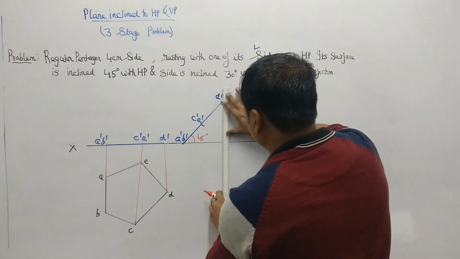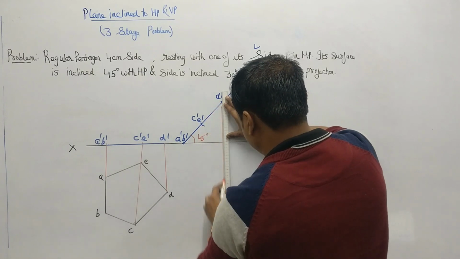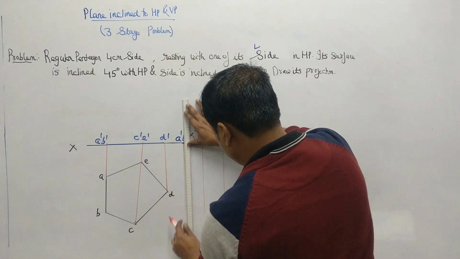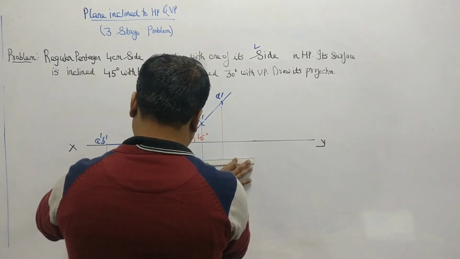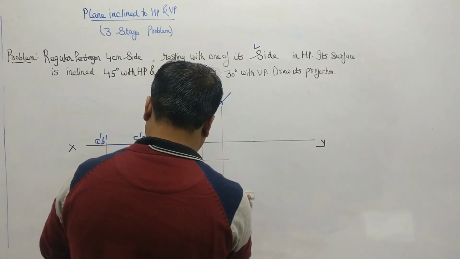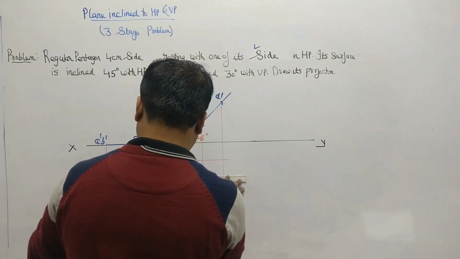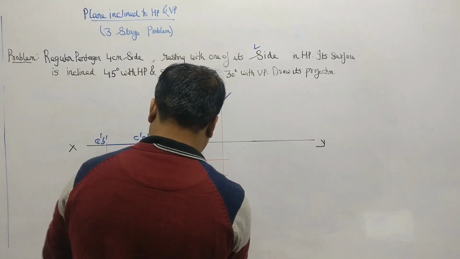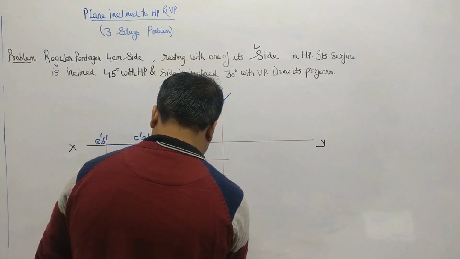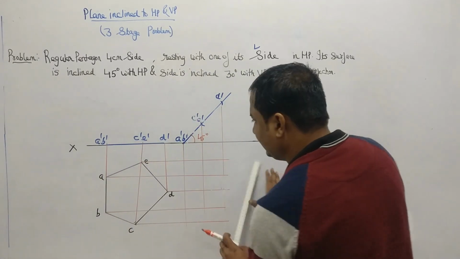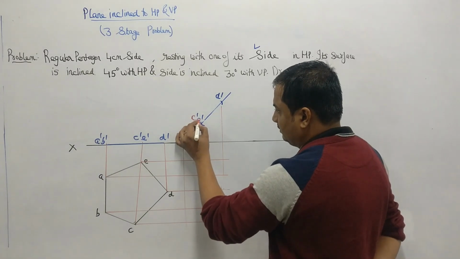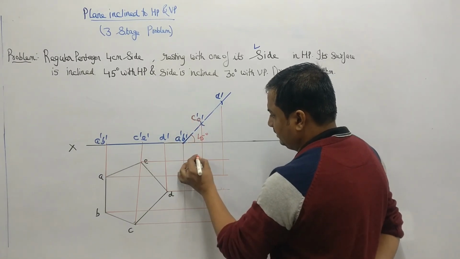Now for the top view, the projectors. And from here you have to take the locus. Okay. Then mark the intersection point. So E horizontal, E vertical, this point will be E1.